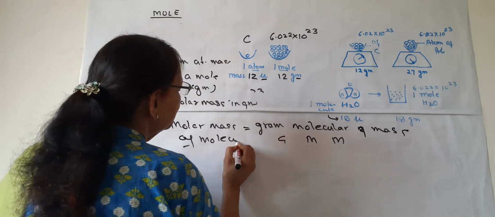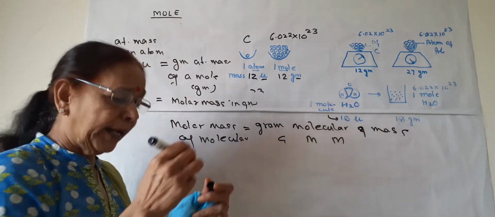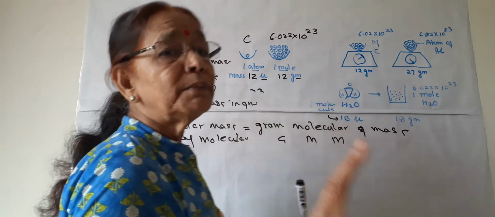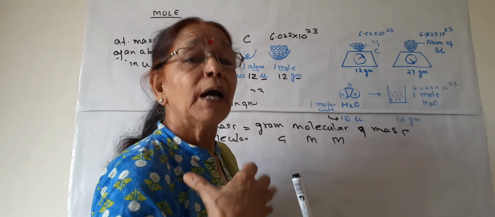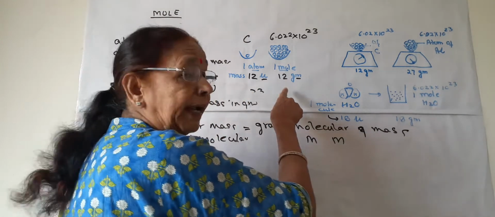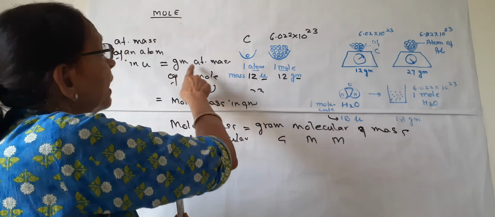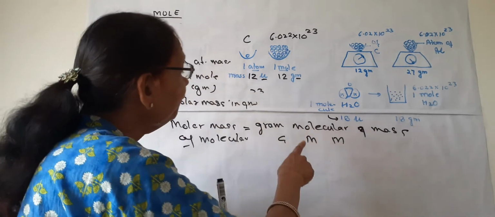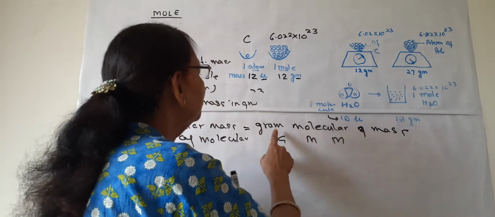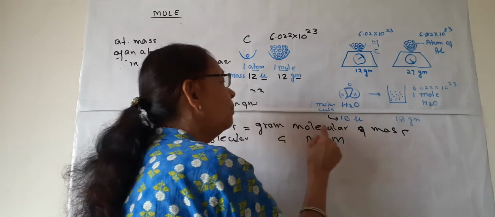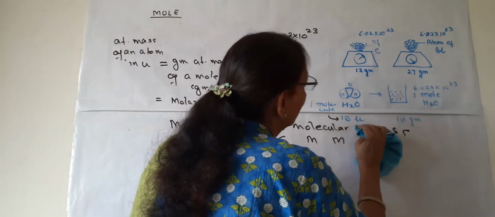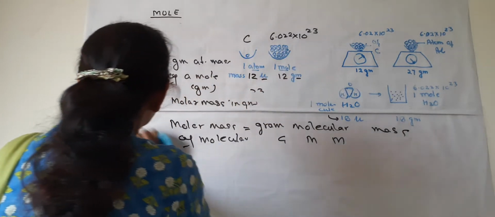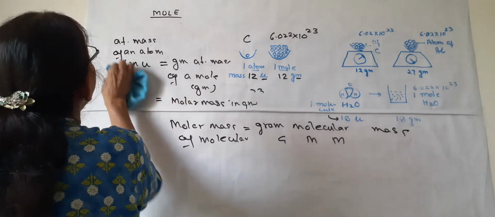So it means molar mass can be of an atom, of a molecule, or of an ion. If it is of an atom, it is equal to gram atomic mass. If it is of a molecule, it is known as gram molecular mass. So this is how this molar mass is defined.